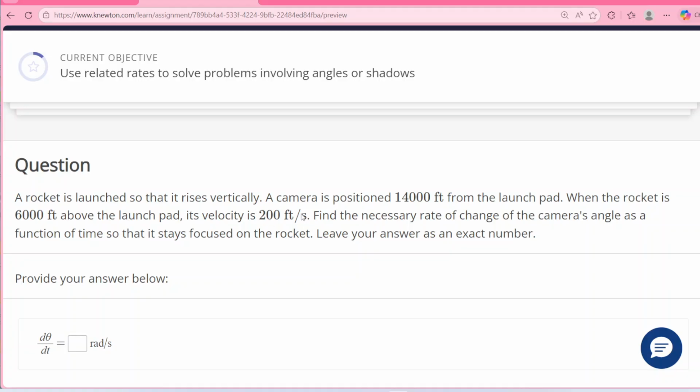So again, a rate of change there, speed. Find the necessary rate of change of the camera's angle as a function of time so that it stays focused on the rocket. Leave your answer as an exact number.